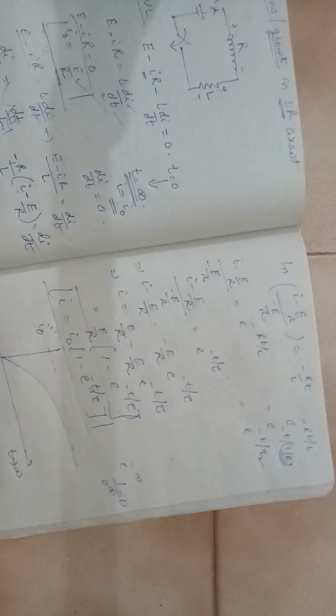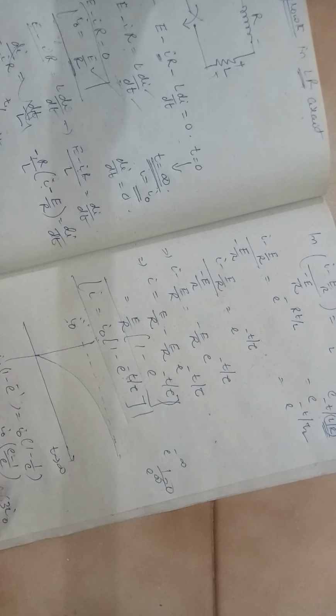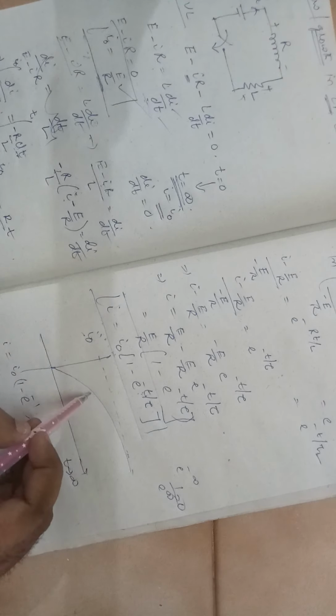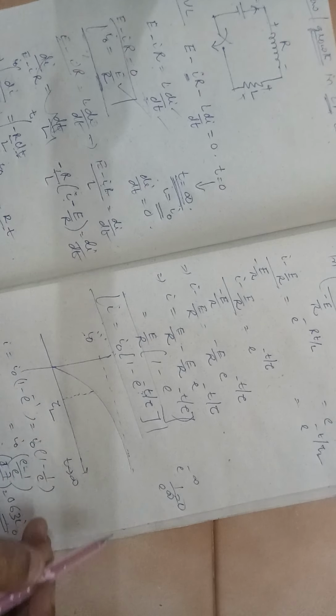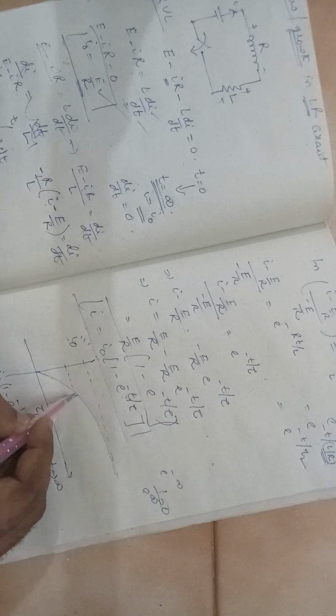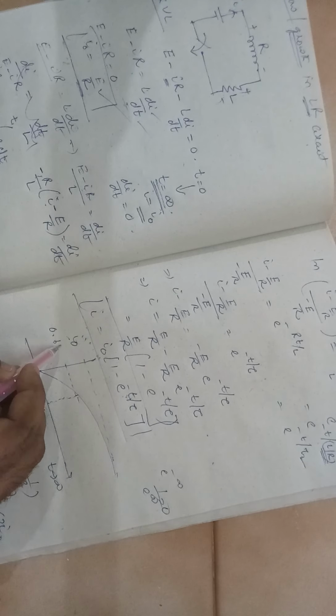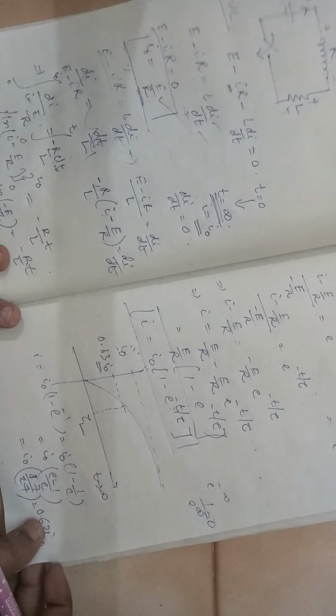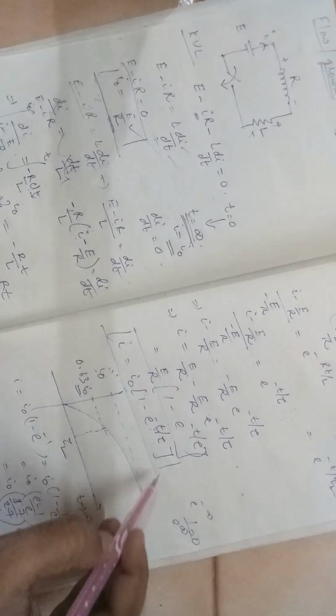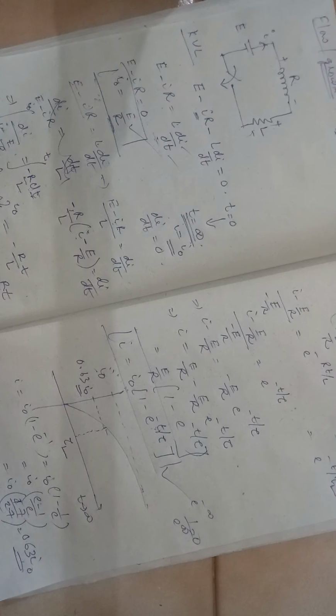That means at one time constant 63% of the current has been transferred. So this value, we can say it is tau L, one time constant, approximately 0.63 I0 has gone. Okay, so this is the approach. Important thing is you should remember this, it is an exponential function.